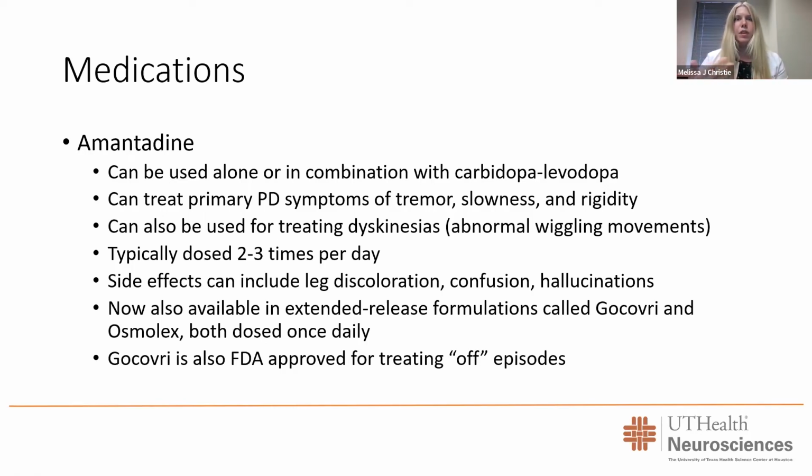You might feel stiff, slow, a lot of tremors. So this medication can be added once a day in this extended release form to help reduce both the wiggles, if you have that as an issue, the dyskinesias, and also help reduce off time. So it gives you a smoother course throughout the day of feeling like the medication's working well.